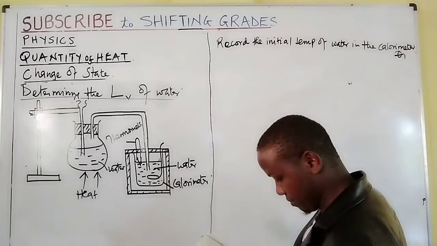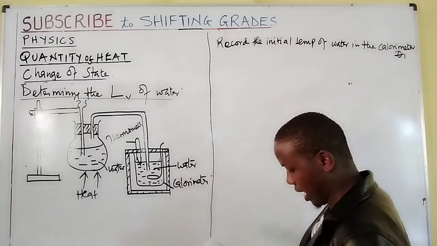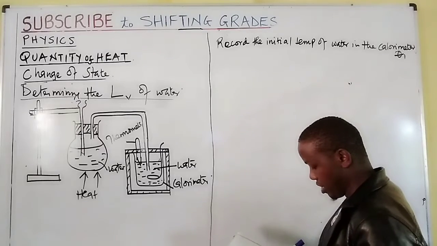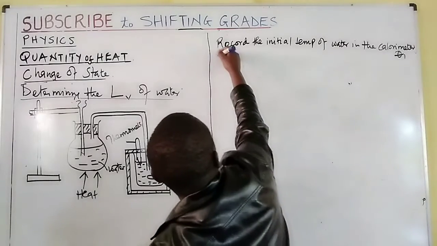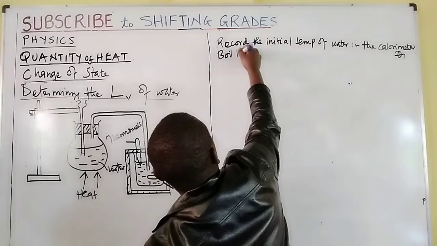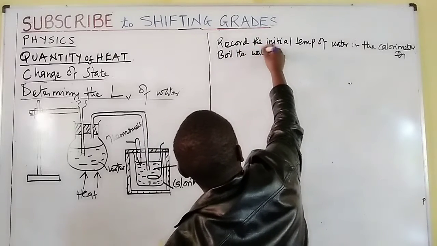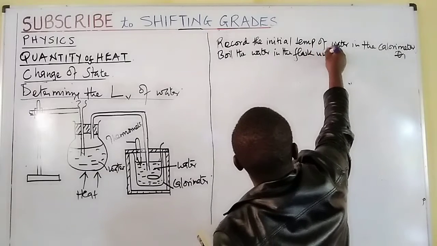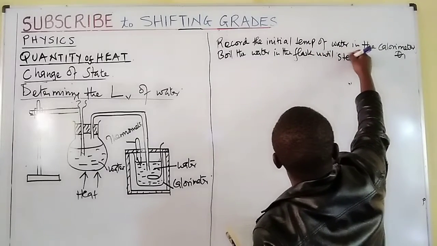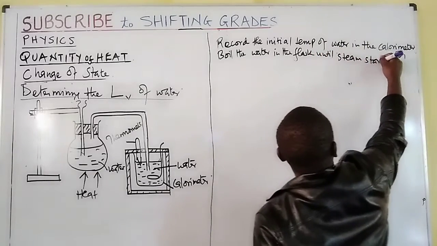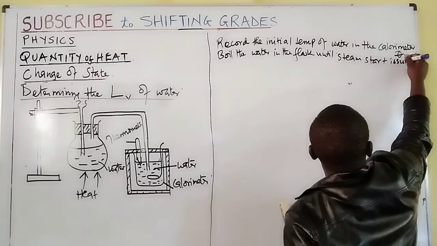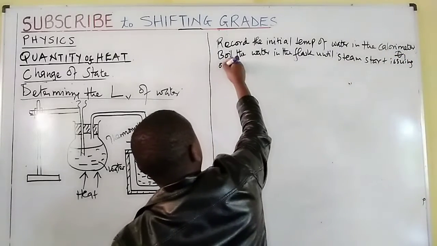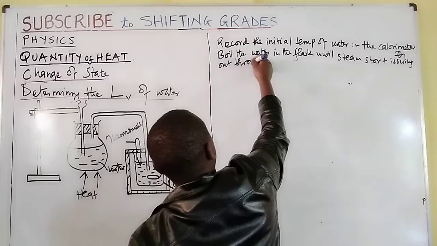Then after that, you boil the water in the flask until steam starts issuing out through the tube.